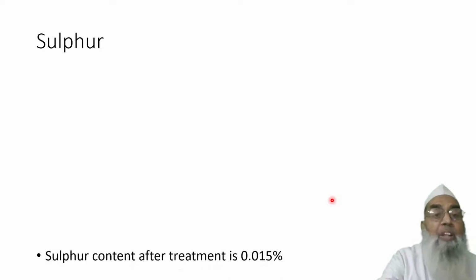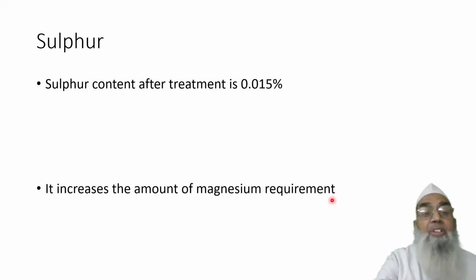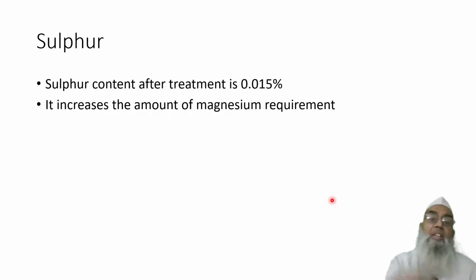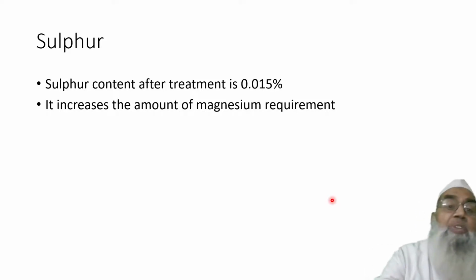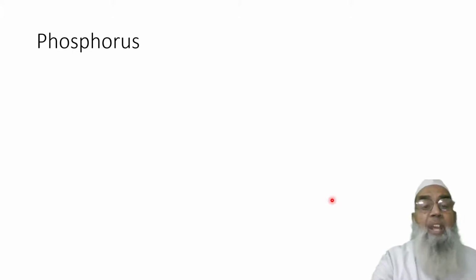Now, another is sulphur. Sulphur content after treatment is about 0.015%. We have to desulfurize by using magnesium, and therefore the requirement of magnesium increases with the increase of sulphur, and it is due to the melting process, so we have to control it.